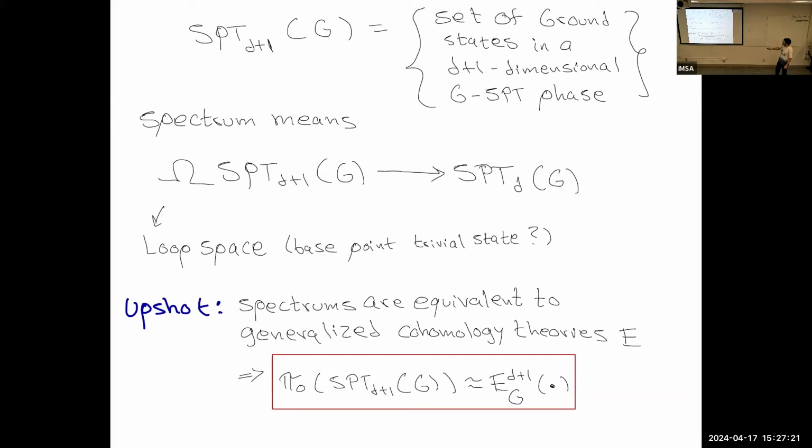A spectrum means that there's a map from this thing here to this thing here. This is the d plus one-dimensional space. This thing here is called a loop space. So you take based loops; I think the base point is supposed to be the trivial state. And there's supposed to be a map to these things. And I think in general, they're assuming that there's actually a homotopy equivalence between the two things. Almost all of them assume something like this, that SPT phases form a spectrum.